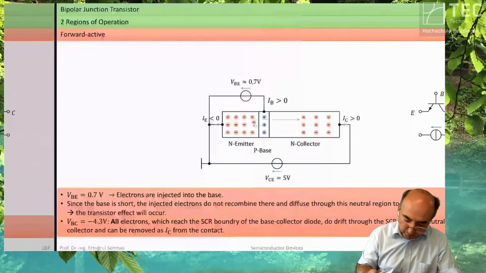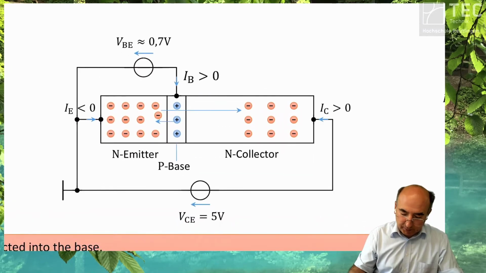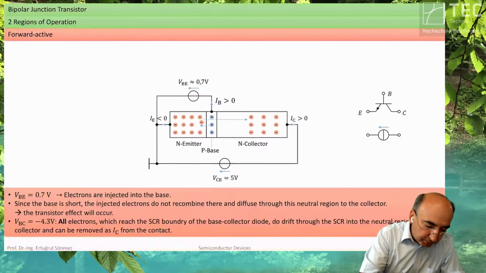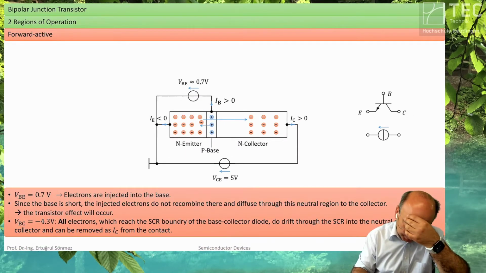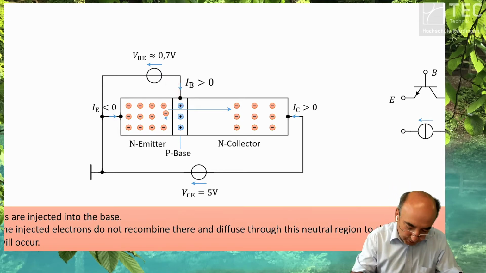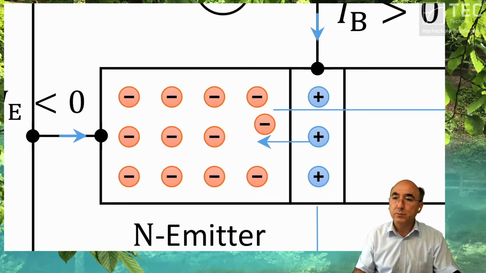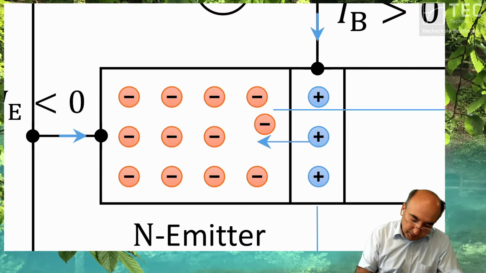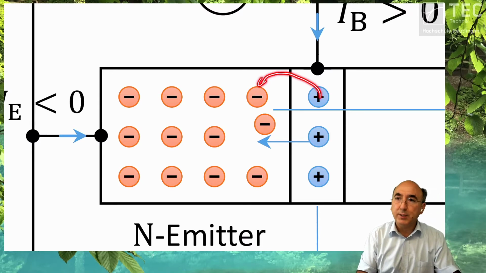But now you can have a current. We will talk about in more detail in the following slides. One moment. Yes. If you apply a forward voltage between the base and the emitter, then you have a certain current flows. Assume here this is a diode. It is a diode, sure, but it is only a diode. Then the majorities are injected to the N region.